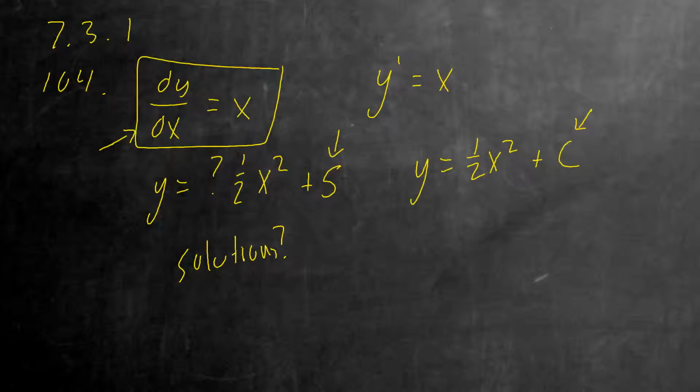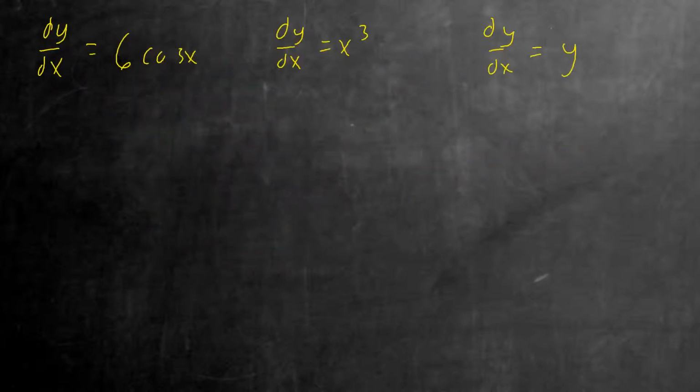So this is what this is going to look like. For 105, we're just going to look at it and say, okay, what derivative gave me that? So take a look at 105 and see if you can predict a little bit. So 105, if the derivative was 6 cosine x, what was the function?